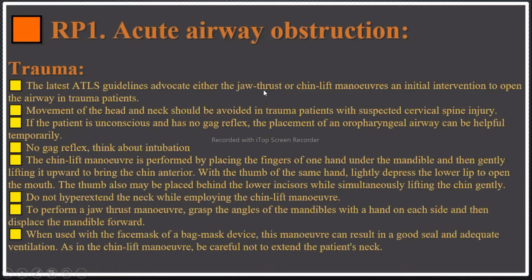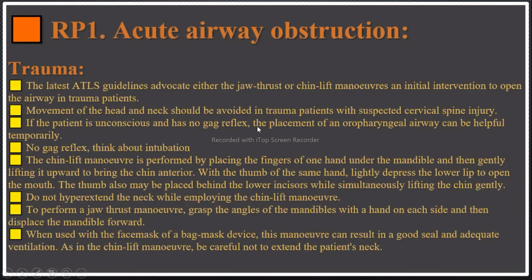So here, as we discussed, jaw thrust or chin lift maneuver is the initial intervention to open the airway in a trauma patient. Movement of the head and neck should be avoided in a trauma patient with suspected cervical injury. If the patient is unconscious with no gag reflex, placement of an oropharyngeal airway can be helpful temporarily.